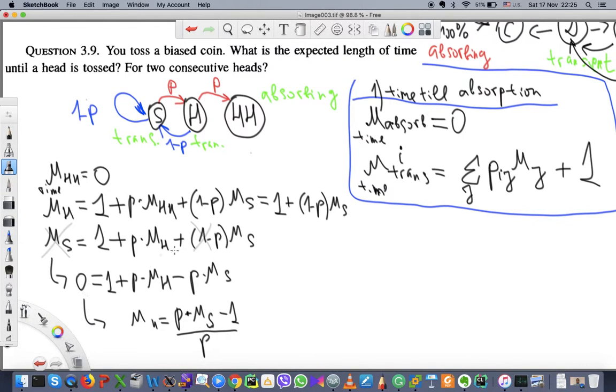Now, what can we do? Well, why don't we plug it back over here, because this long line is for mu H. Then what we get is P times mu S minus 1 over P. Now, from this equation, what can we say about mu S? Well, let's start rearranging terms.